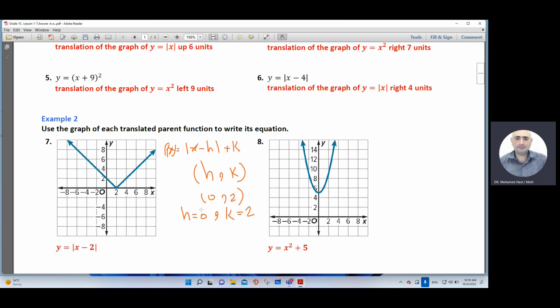So here the h will be 2 and the k will be 0. The opposite. This is (2, 0). So the value of h will be 2 and the value of k, 0. So the equation will be y equals absolute value of x minus 2.